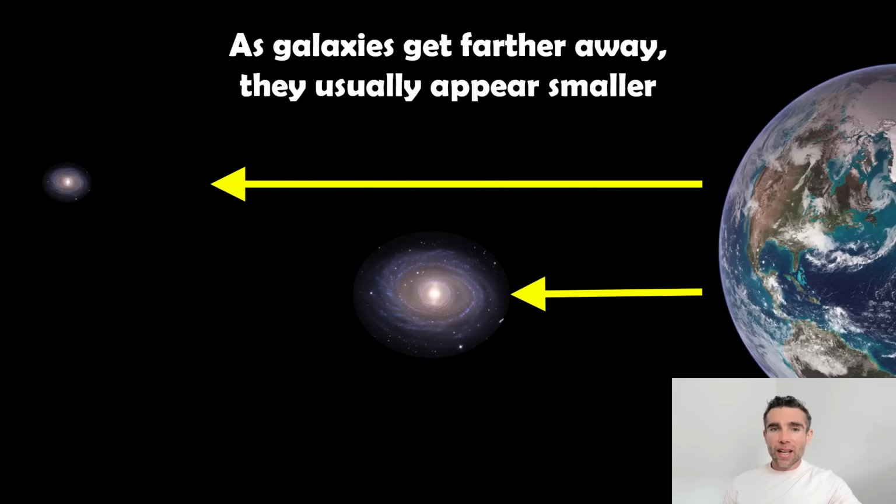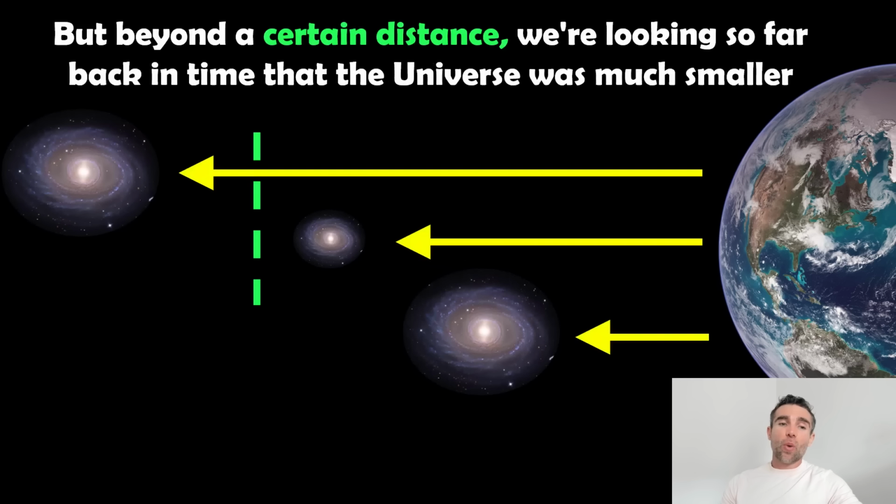So recapping again, probably fairly obvious, galaxies that are further away are going to appear smaller, usually. The further away they are, the smaller they get. However, with galaxies, it's a little bit weird. Beyond a certain distance, once they get so far away, they start getting bigger again. That's really counterintuitive, or at least it might come across as that.